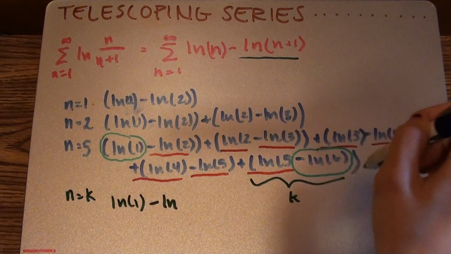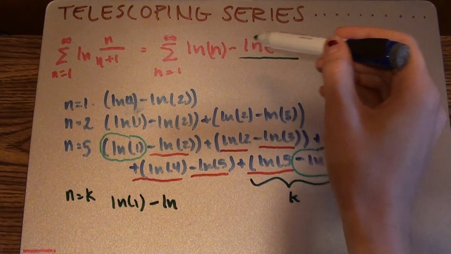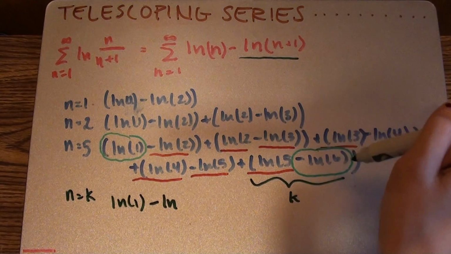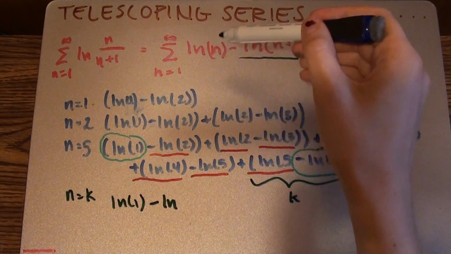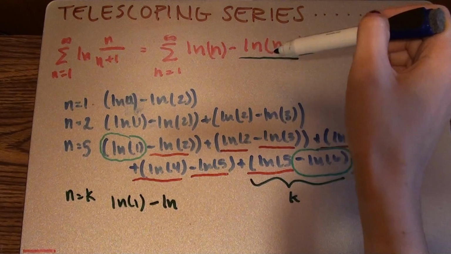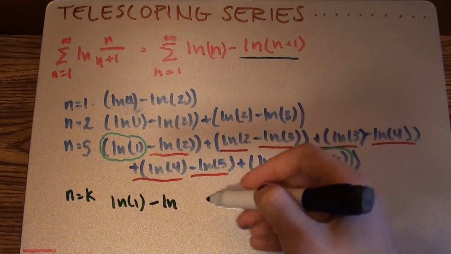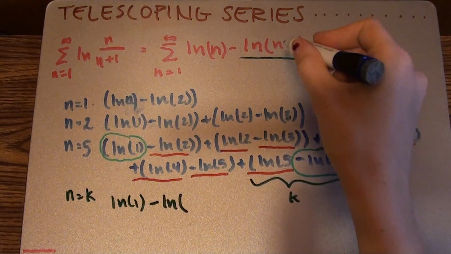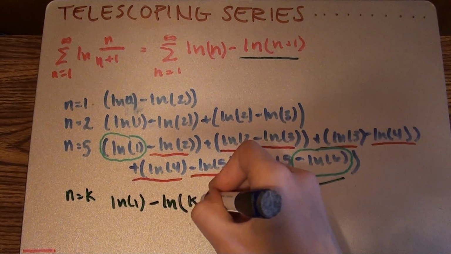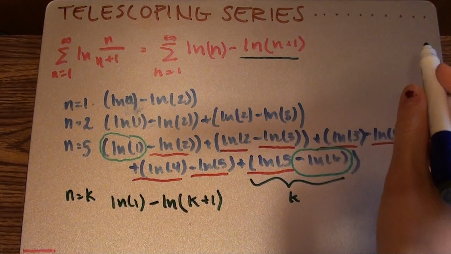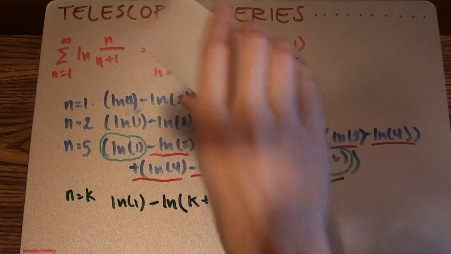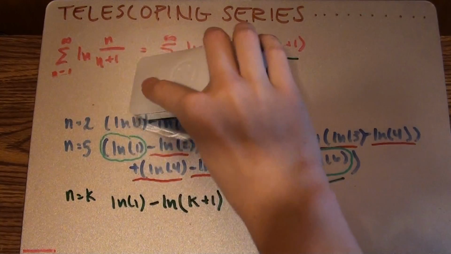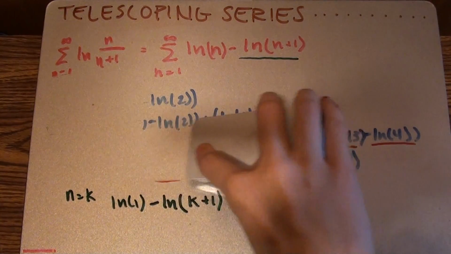Here we plugged in 5 and added the 1 to get the natural log of 6. We don't need the other term because it's going to cancel out. So if we plug in k here, we get negative natural log of k plus 1. Now that we have our general rule, we can start to determine whether or not this series is convergent or divergent. Let me just clear some room here.